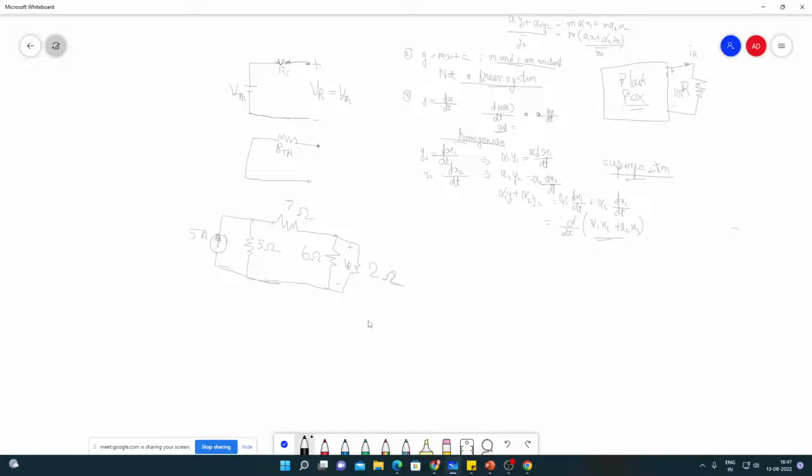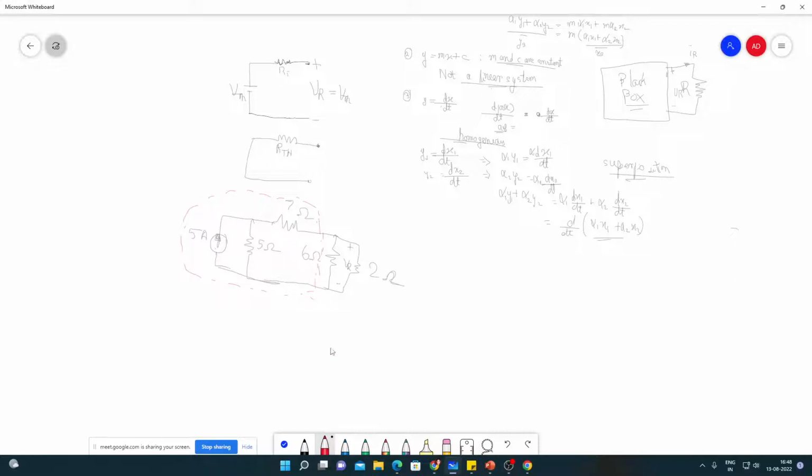What is the voltage plus minus VR? So how do we proceed with this kind of problem? Let us consider that this portion, let me use another ink, is a black box to me, so I have to model this portion in terms of Thevenin voltage and Thevenin impedance or resistance.